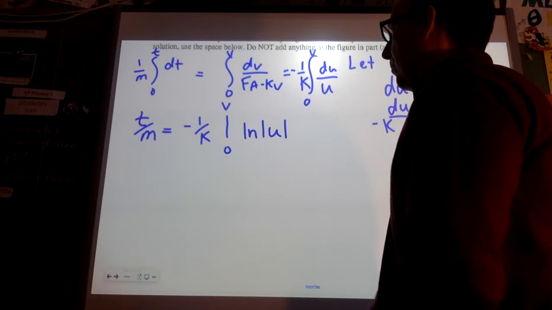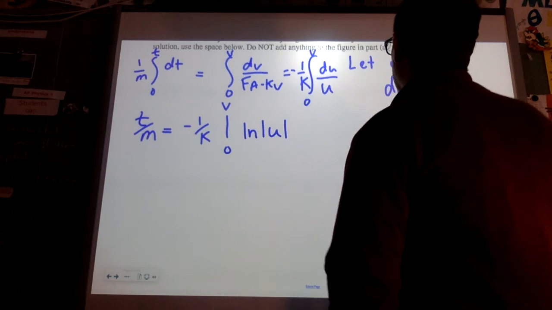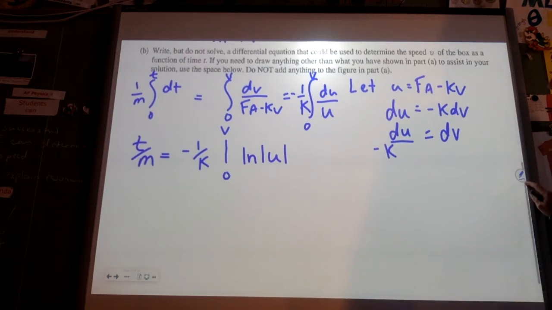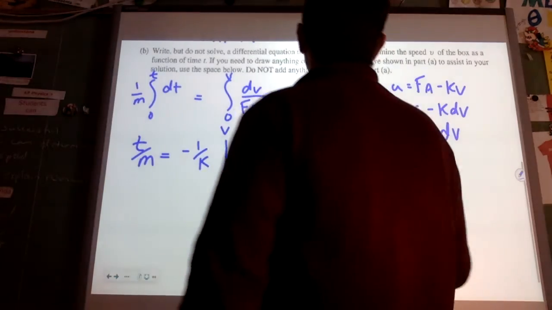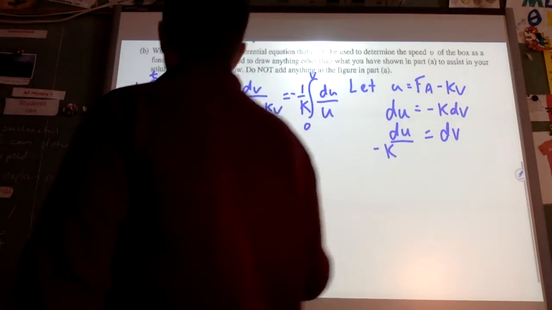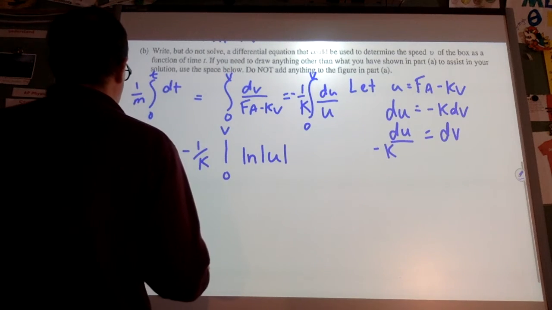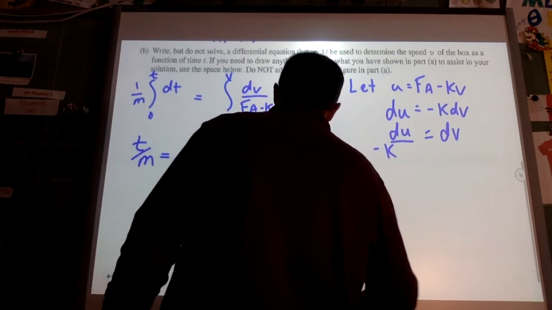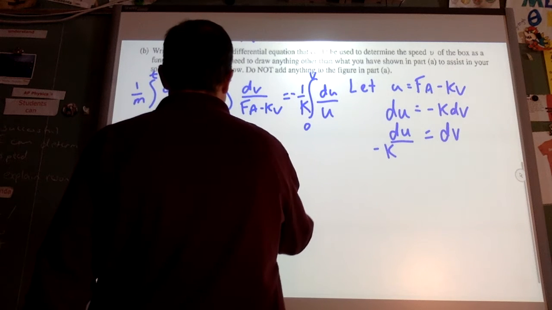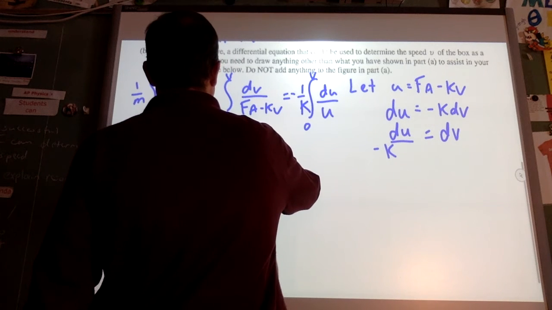I think that I didn't want to make it a definite integral. I think that I just want to be thinking about this, because they're telling us that the velocity is 0 when t is 0.